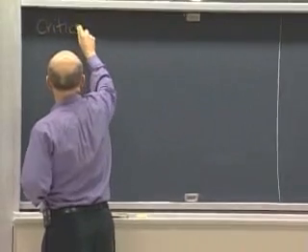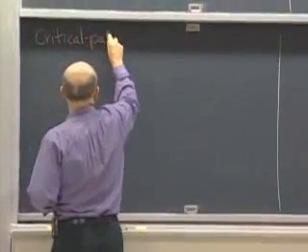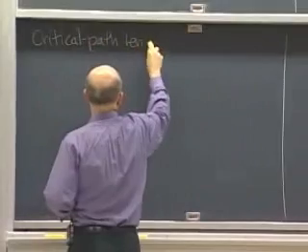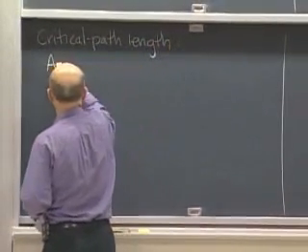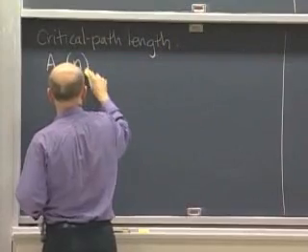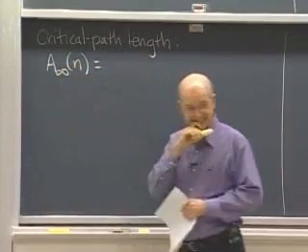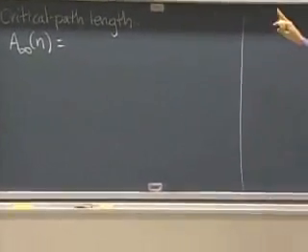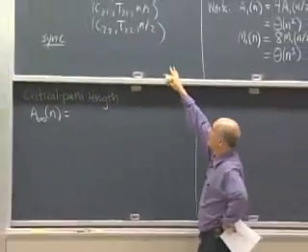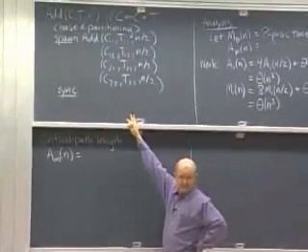Okay, so now we do the new stuff. Critical path length. Here we have A infinity of n. Ooh. Okay, so we're going to add up the critical path of this code here.